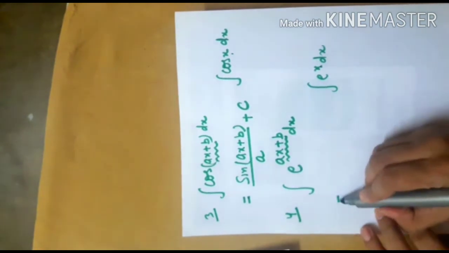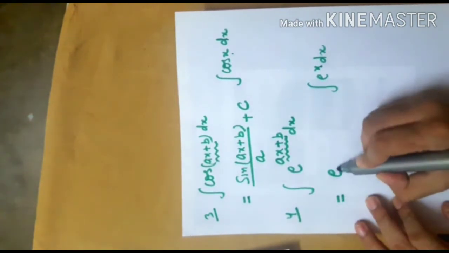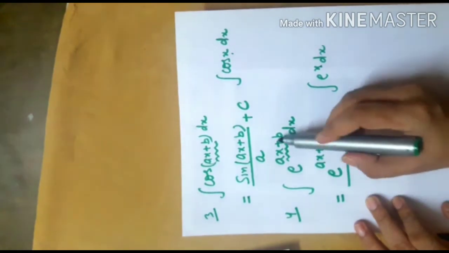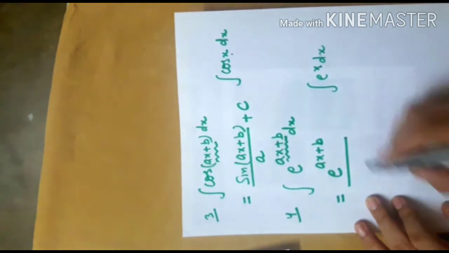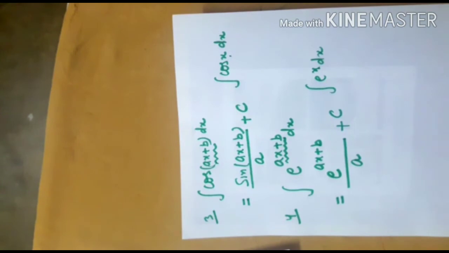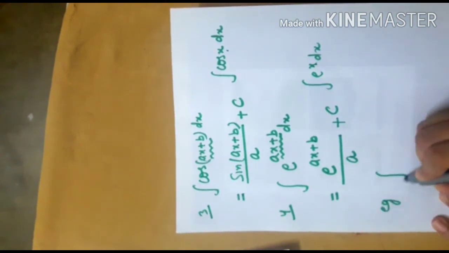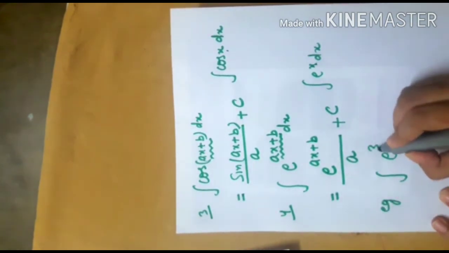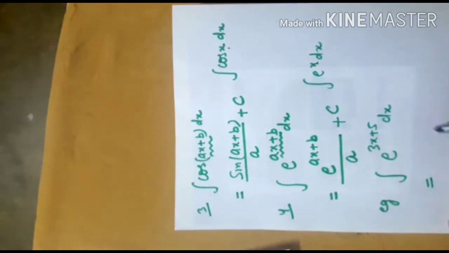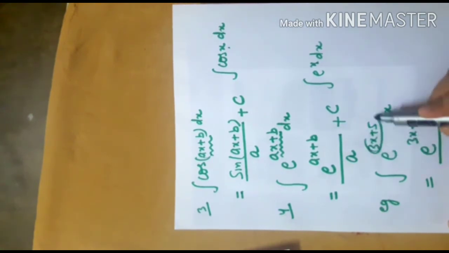So this integral will be equal to e raised to the power ax plus b divided by the derivative of ax plus b, which is a, plus c. That means if I want the integral of e raised to the power 3x plus 5 dx, this will be equal to e raised to the power 3x plus 5 divided by the derivative of this, which is 3, plus c.